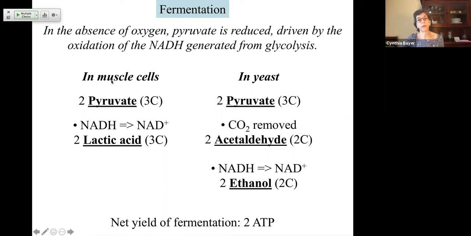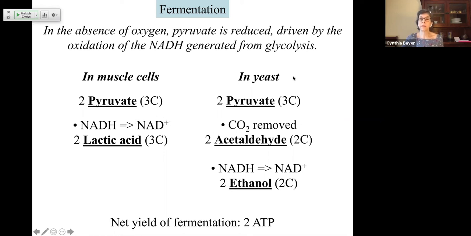In muscle cells, when they have used up all of the oxygen and need to keep making a little bit of ATP, and in some bacteria used for producing yogurt and some fungi used for making cheeses, that pyruvate is converted to lactic acid. It's reduced to lactic acid. And along the way, the NADH is oxidized to regenerate NAD+.